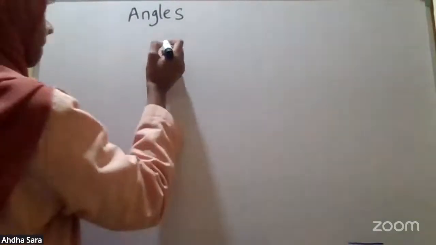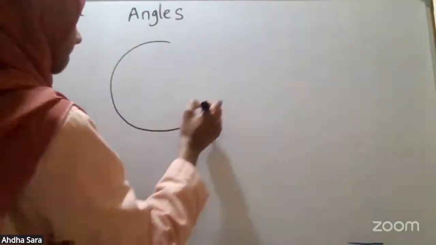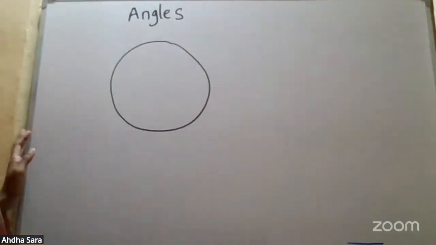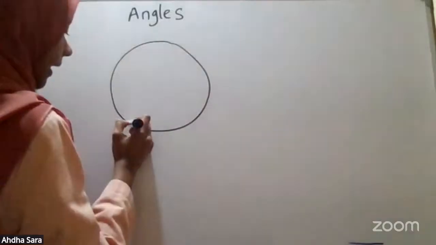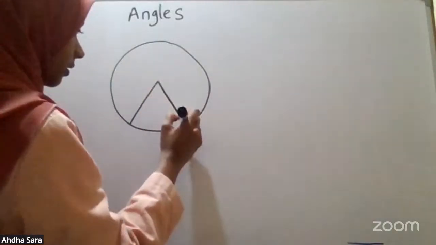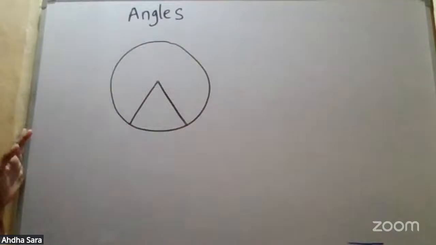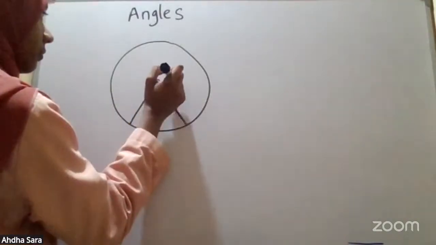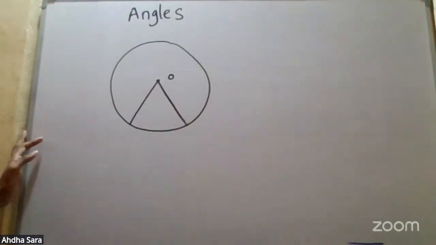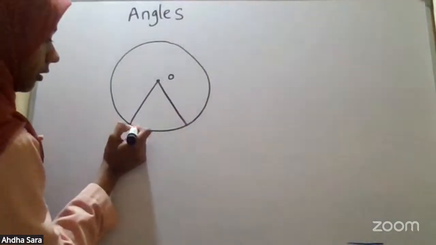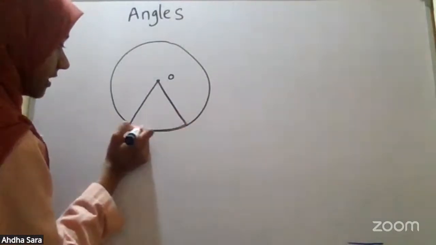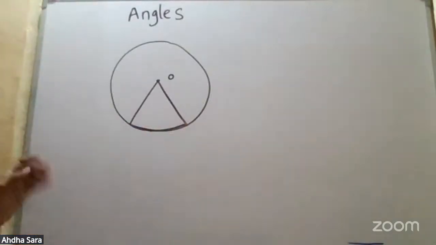Next, we have angles in a circle. You have a circle and the angle that is subtended. You can say this as an arc of the circle.